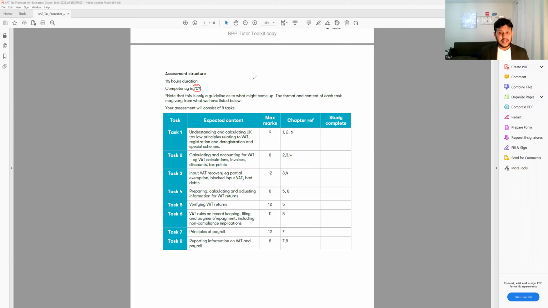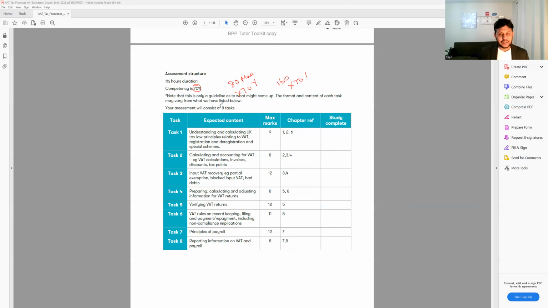For example, the exam can be only 80 marks. That means on this 80, we have to score 70%. It is possible in level 4, I have seen some exams are 140 or 160 marks. That means on 160, you have to just score 70%. So it is not necessary that the total marks have to be 100. It could be more or less. Obviously, we have to score 70% on that exam.